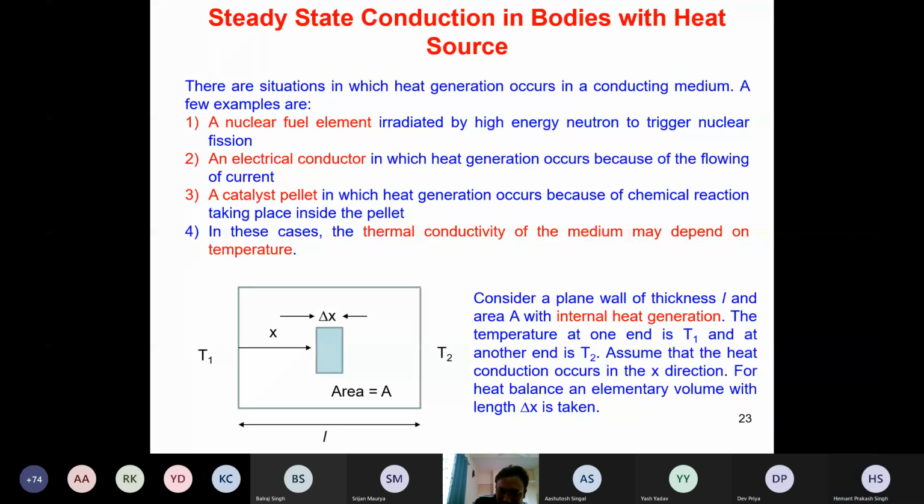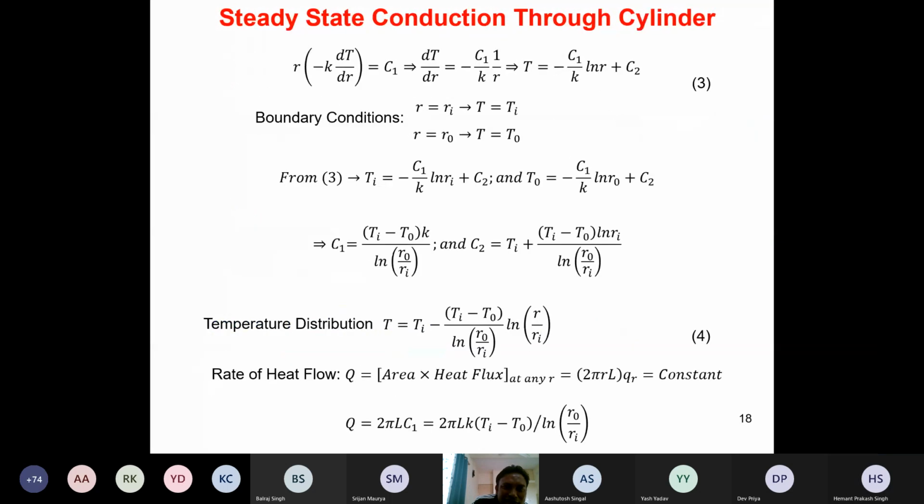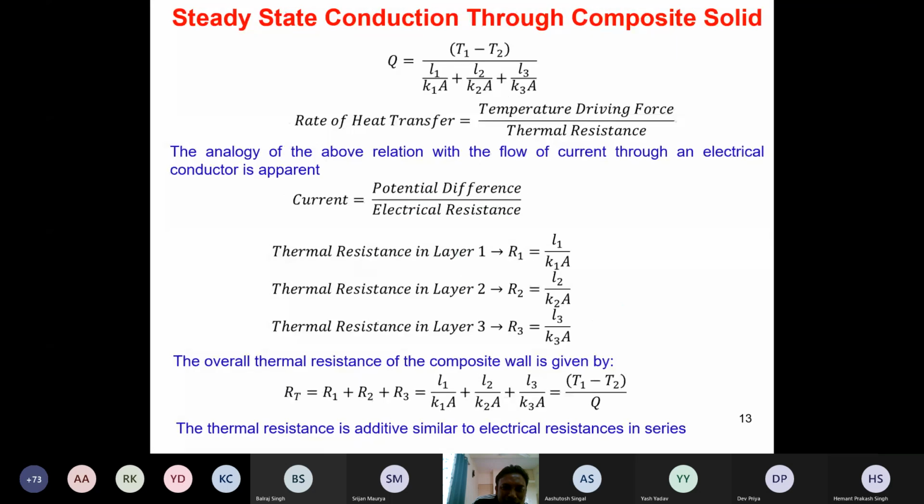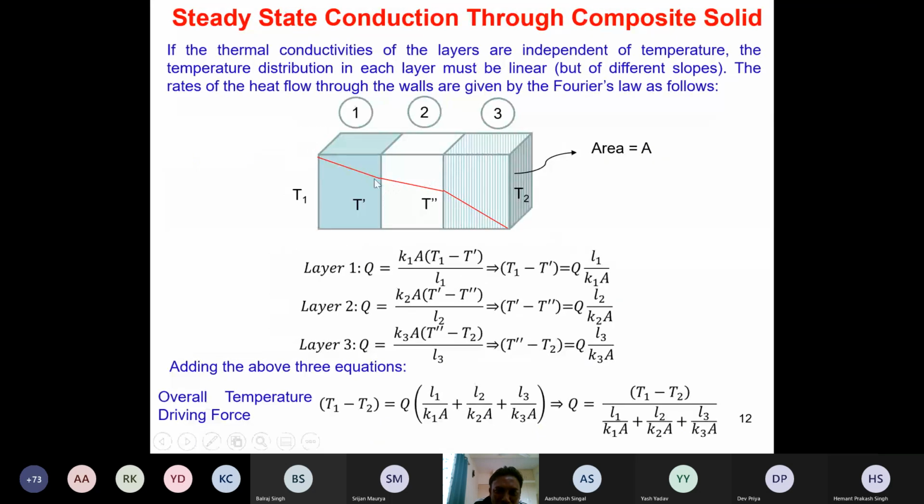I can go back to the slab and explain. For example, from T1 to T2, it is continuously decreasing, as shown by the red line here in the first slab. Can you see the red line? So from T1 to, let's say, T dash, it is continuously decreasing.